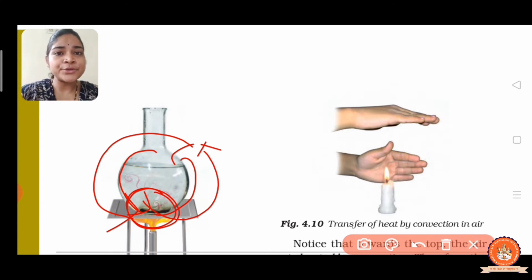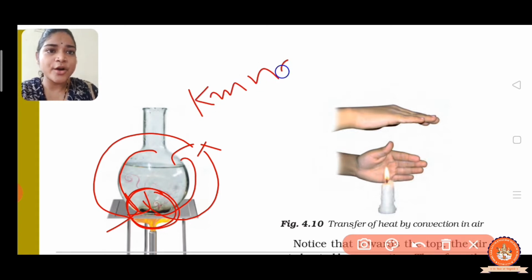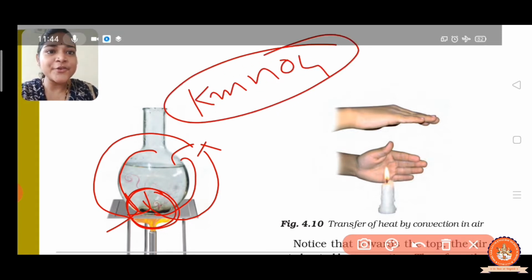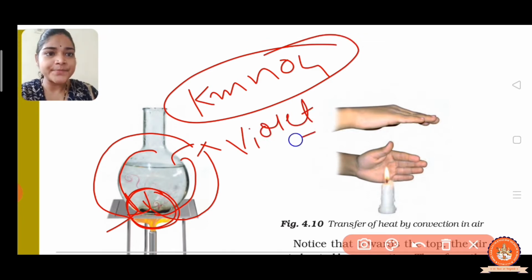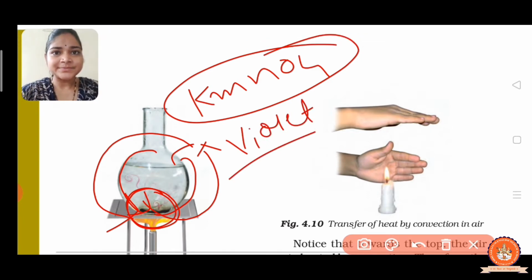I forgot to tell you that the chemical formula of potassium permanganate is KMnO4, and the color of potassium permanganate is violet, right? So due to the violet color, the molecules of water going up and down are clearly visible, right?